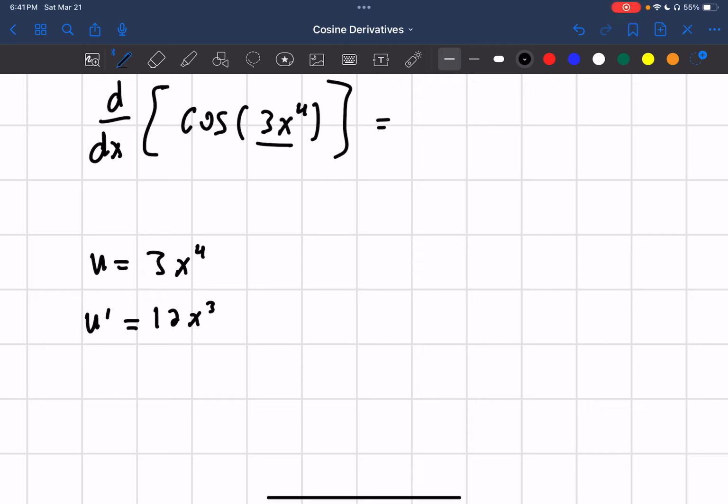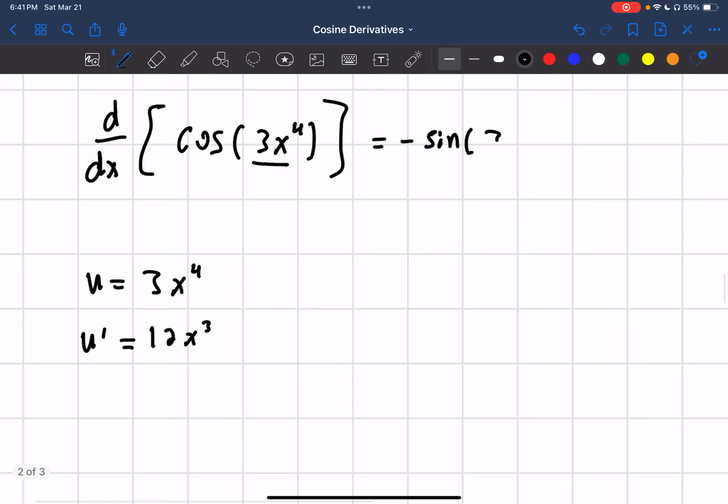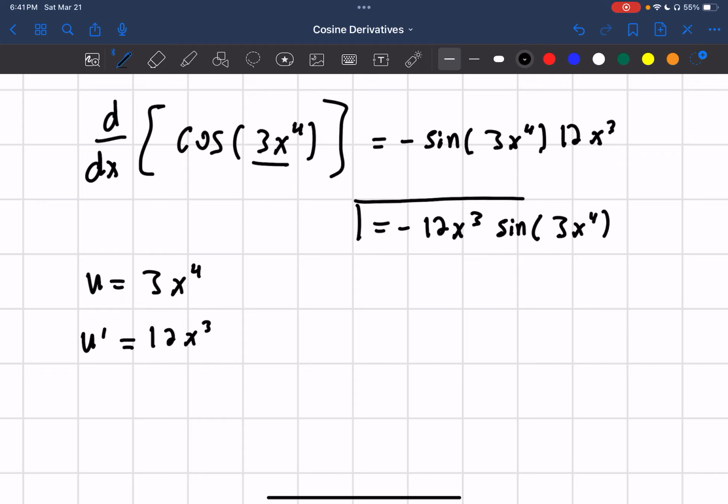Now, the derivative of cos 3x to the power of 4 will be minus sine, and you keep everything on the inside first, times 12x to the power of 3. And let's rearrange everything, so it will be minus 12x to the power of 3 times sine 3x to the power of 4. And here is the final answer.